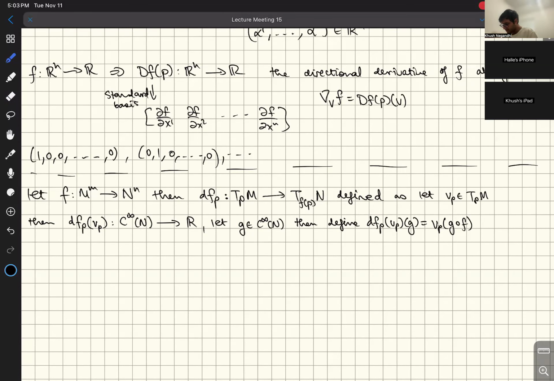F is a map from M to N, and G is a map from N to R, which means that G composed with F is a map from M to R, and we know what it means to evaluate that at this point. Okay, does this definition of derivative make sense?